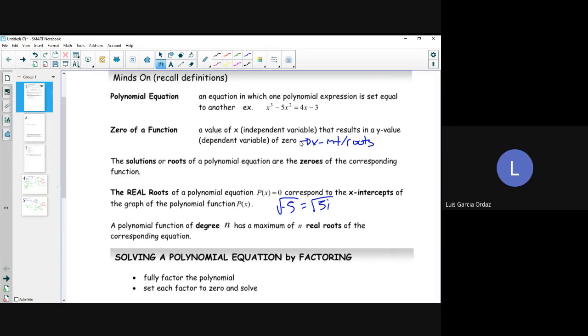What's that word beside roots? X-intercept? It's another name for a zero. So yeah, it's called zeros. You can call it an x-intercept. So don't even worry about this. He's just tripping out right now.